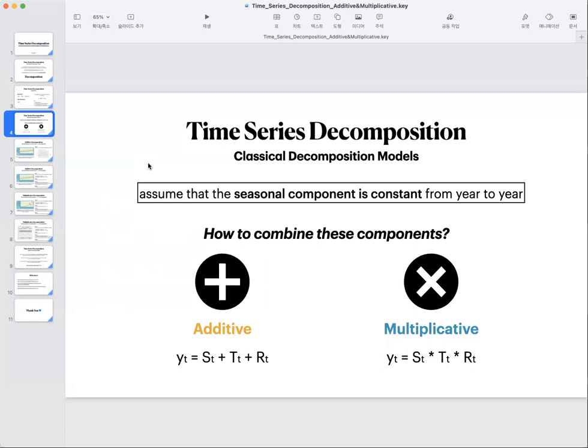As you can tell from their names, it is all about how to combine these factors. Additive adds up all the components like this part, and multiplicative multiplies all the components like this one. So I'll cover the additive decomposition first and move on to the multiplicative models.